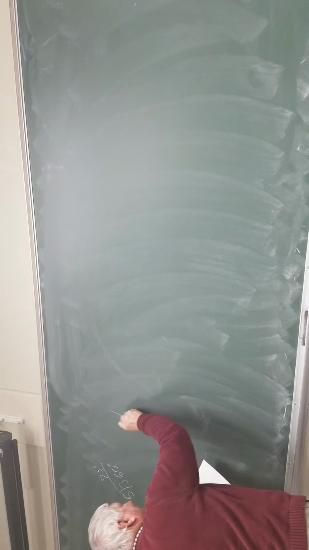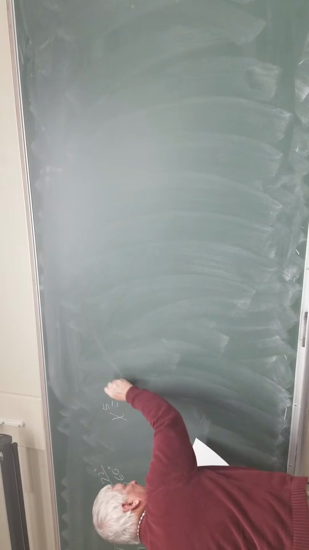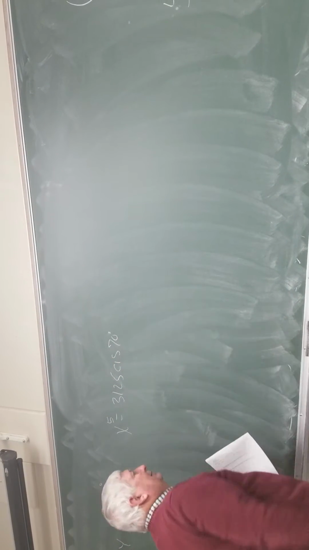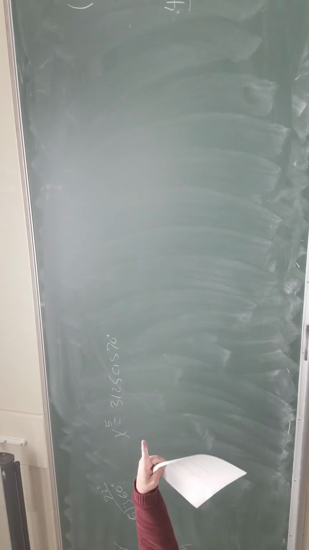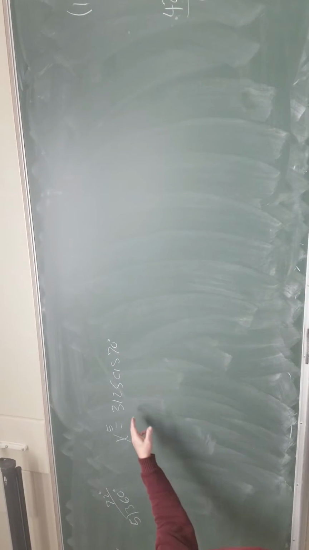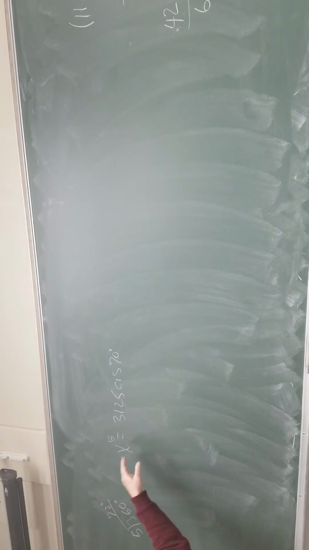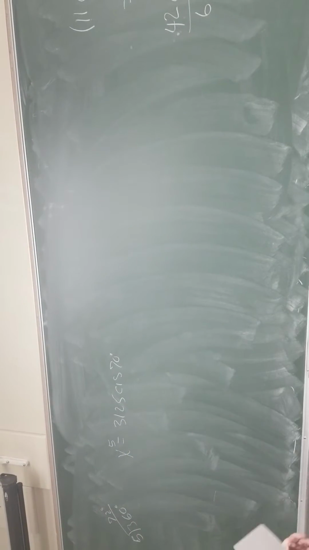So if I have x to the 5th equals 3125 cis 70 degrees, when we do powers, we raise the coefficients to the power, when we're doing roots, we'll take the 5th root.